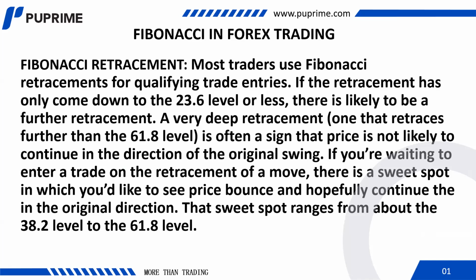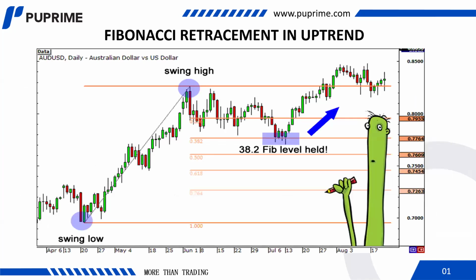A very deep retracement like 61.8 is also a sign that price is not likely to continue in that direction. If you want to enter a trade on a retracement level, there's something called a sweet spot zone, which is between the 38.2 and 61.8 levels. You will understand that very soon.